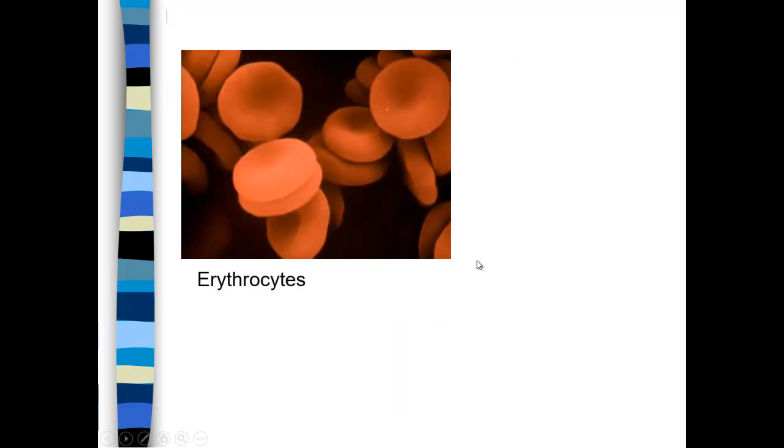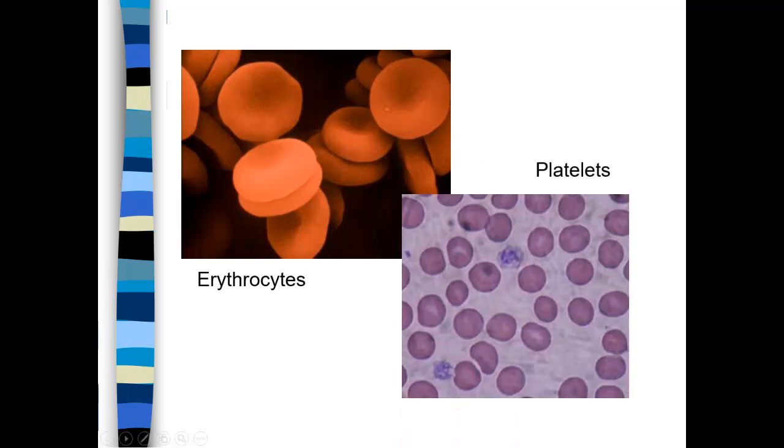Okay. And here's an example of erythrocytes. You can see they're biconcave, but they're primarily used in carrying oxygen and CO2. Platelets are these smaller cells here, okay, I'm sorry, all of these are platelets, and these are burst platelets.